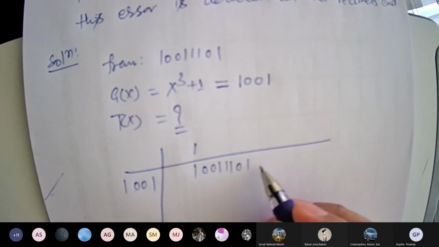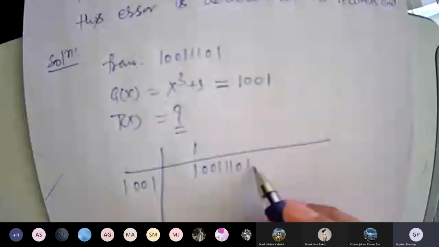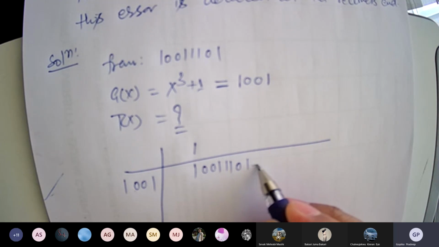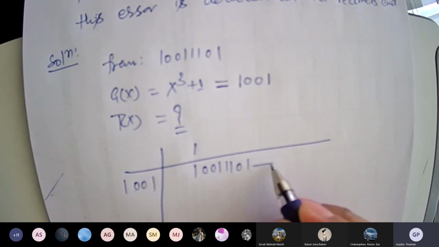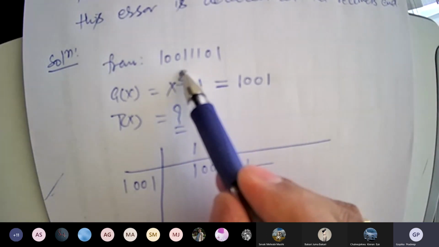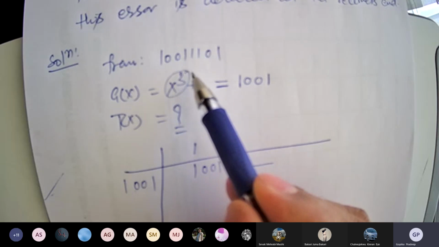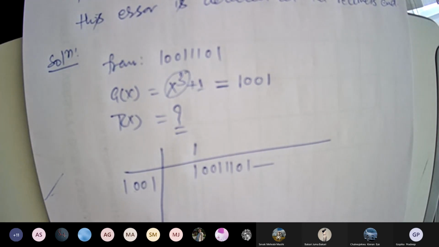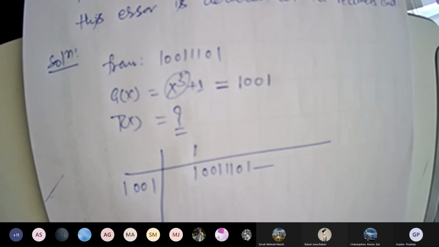Okay, before this, how many zeros do we have to append here? I'm asking how many zeros you have to append here. 3, sir. Why 3? Because x raised to 3 has the power 3, so the highest degree is 3. So we will be appending 3 zeros here. 1, 2, and 3.